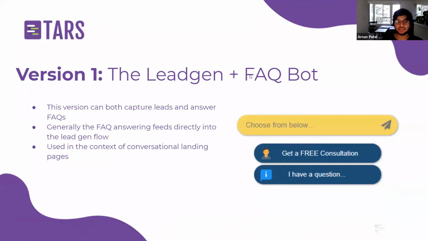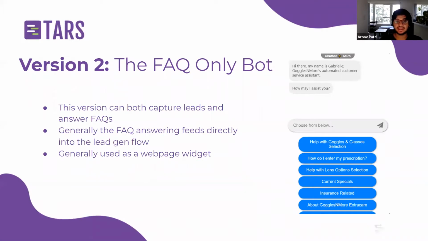And usually that question is an FAQ. You give them options. As you'll see when we do the live build at the end of this webinar, once they click on that button, they will have the option to get an FAQ answer.